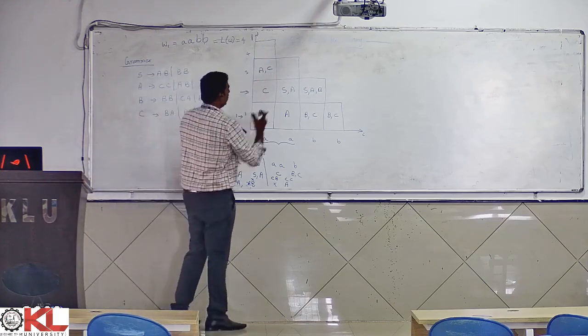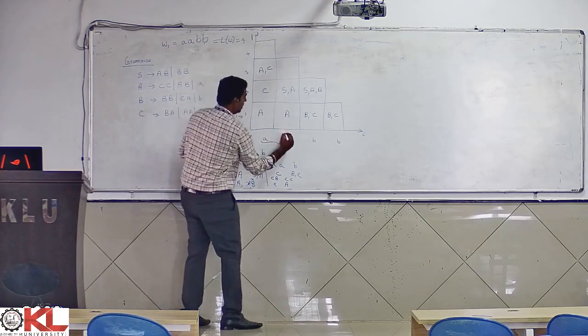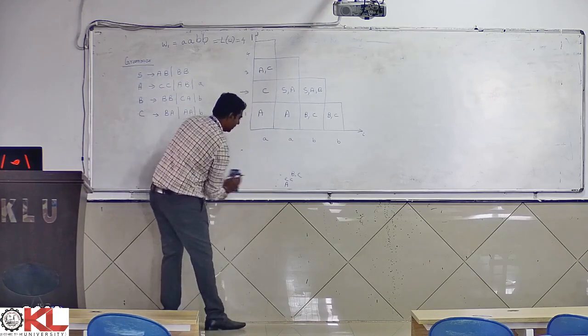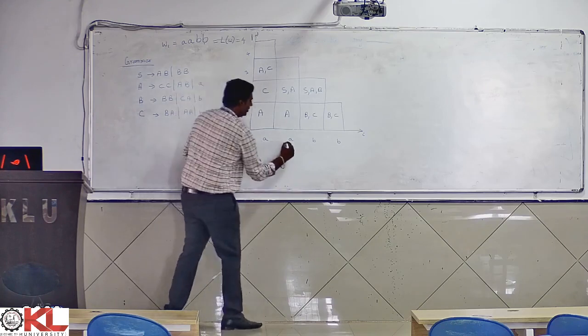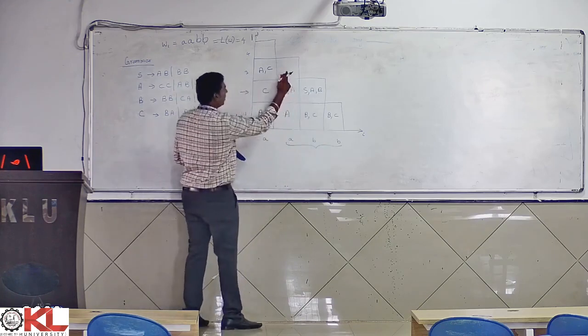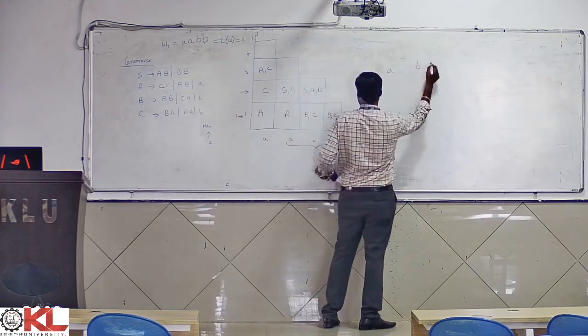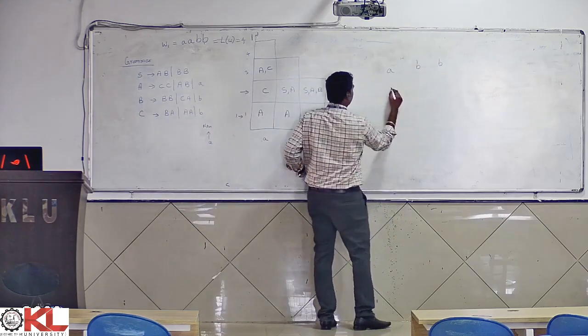Similarly, what about this cell? These three cells are combined and it will come here. I am writing here so that you will understand better: A, B, B. There are possibilities.